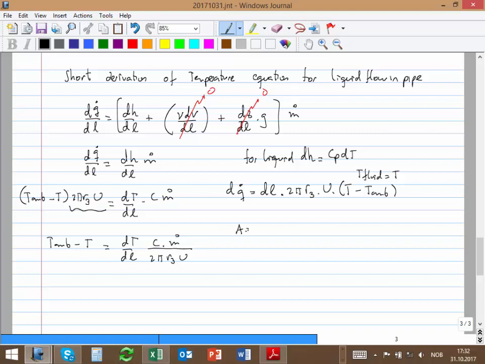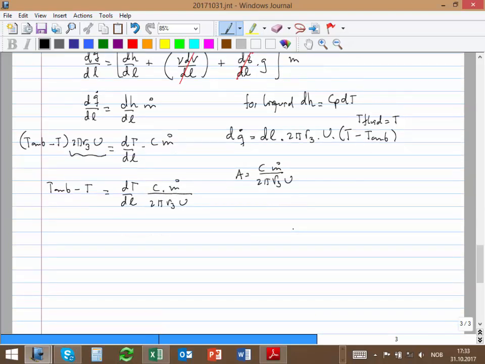I'm going to define A as Cm over 2π r3 U. Did you see this equation before or not? I will take it because Cp and Cv are the same for liquid. And then we end up with A dT/dl plus T minus T ambient, if I didn't make any mistake.